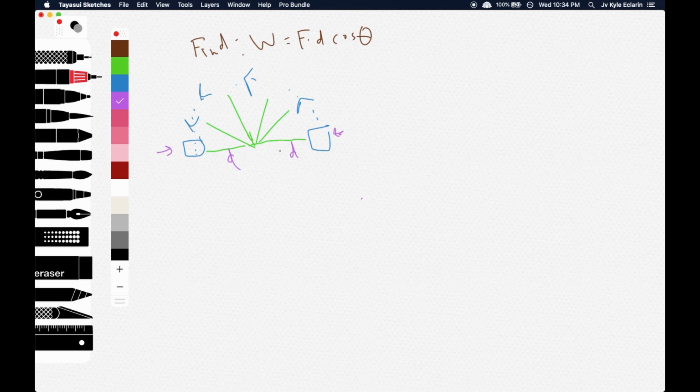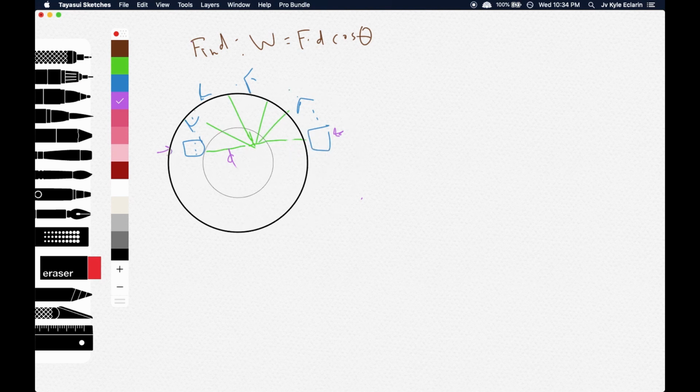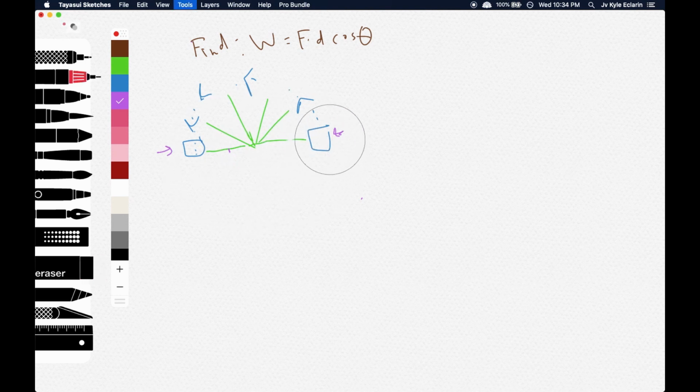Now the work over here, so let me go ahead and get my eraser. If we had work, we would call this W, positive W, if we have the direction going here. If we say this is positive X, this would be positive work. And for this one, it would be negative work because the distance is the same and the tension is the same.